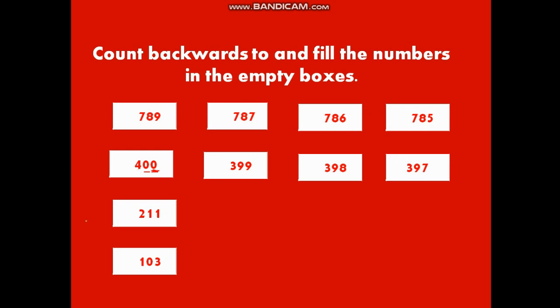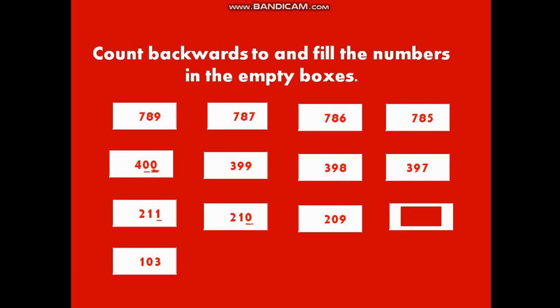Let's move on to the next example. This question has 1 here. So a number before will be 210. Now the 0 rule. So the number will be 209 and the next number will be 208.